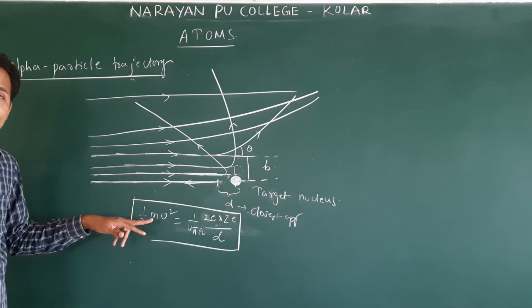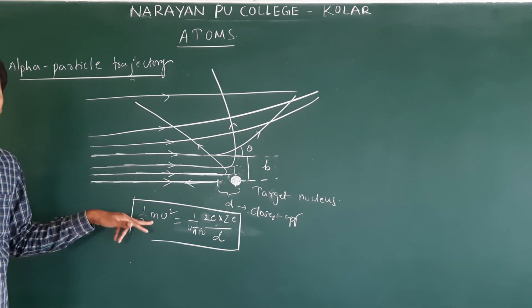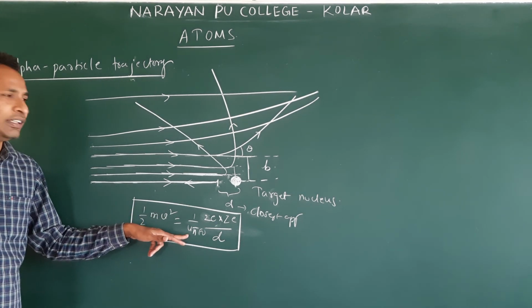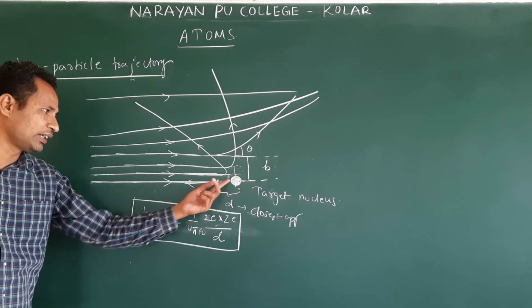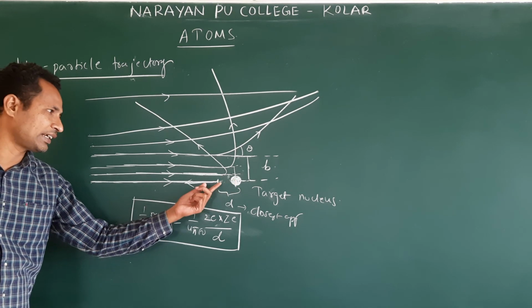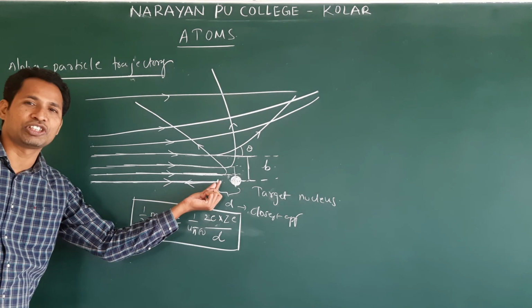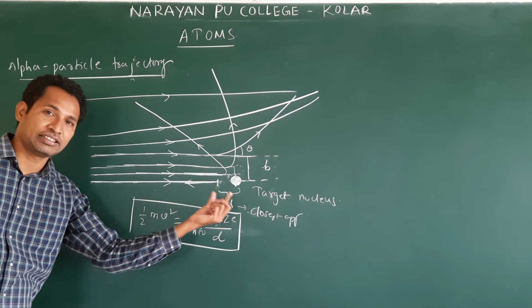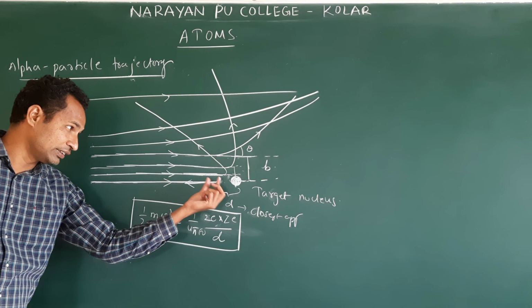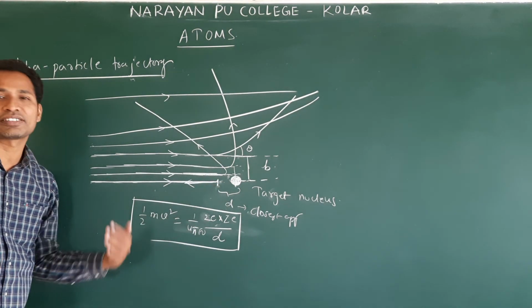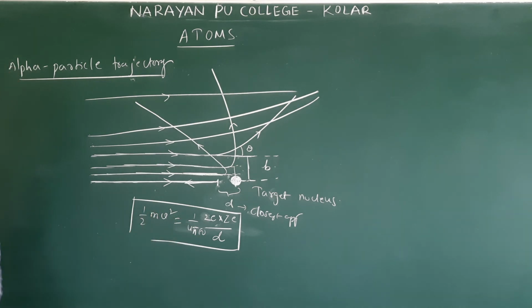So we know the kinetic energy of this alpha particle, and we equate it to the potential energy of the gold nucleus and the alpha particle. At this distance the kinetic energy becomes 0 and it goes back. The moment the kinetic energy is 0, in that condition we use this equation to find the closest approach.